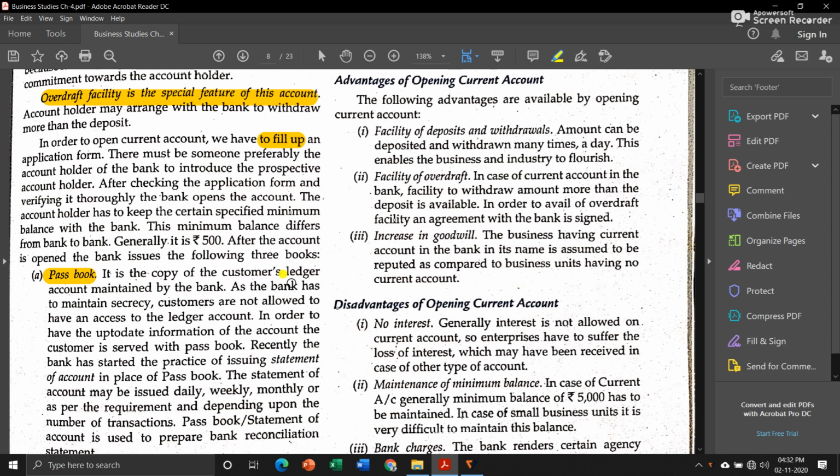It is the copy of the customer's ledger account maintained by the bank, means usually after every transaction the bank makes ledgers, but due to secrecy problem they cannot show their ledger to all the customers. So they provide you a passbook, and in that passbook all the transactions related with your account will be mentioned.